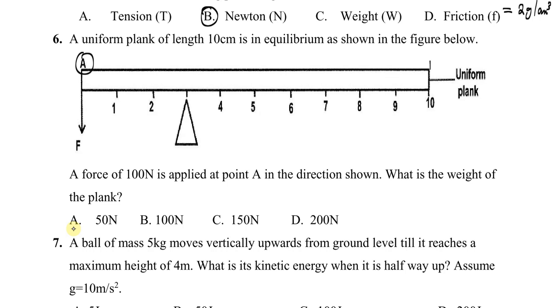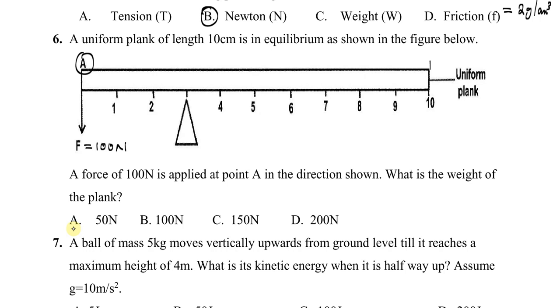Then they are telling us a force of 100 Newton is applied at point A in the direction shown. What is the weight of the plank? So there's a force of 100 Newton being applied here.